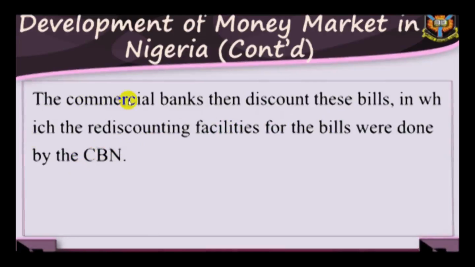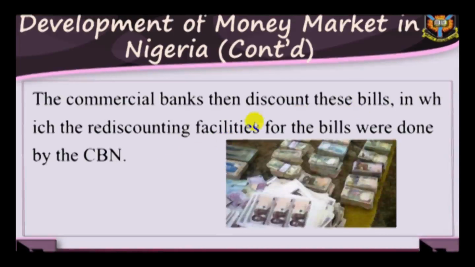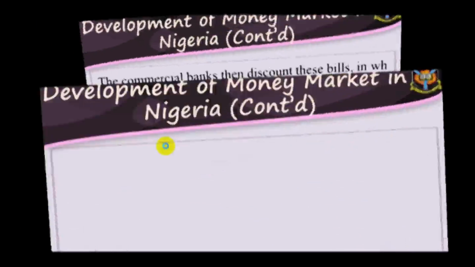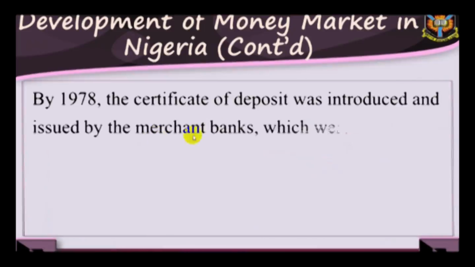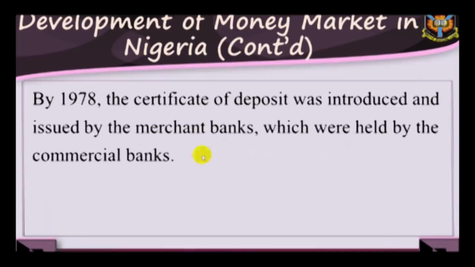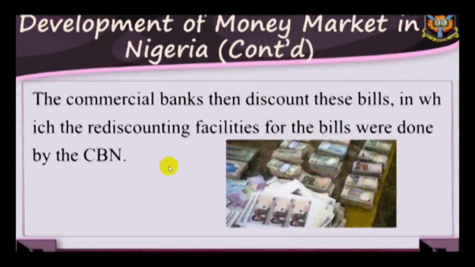This arrangement made provisions for the marketing board to meet cash requirements by drawing 90 days bill of exchange on the Nigerian Produce Marketing Company, which is the sole exporter of all the marketing boards. The commercial banks then discount these bills, and the rediscounting facilities for the bills were provided by the CBN.